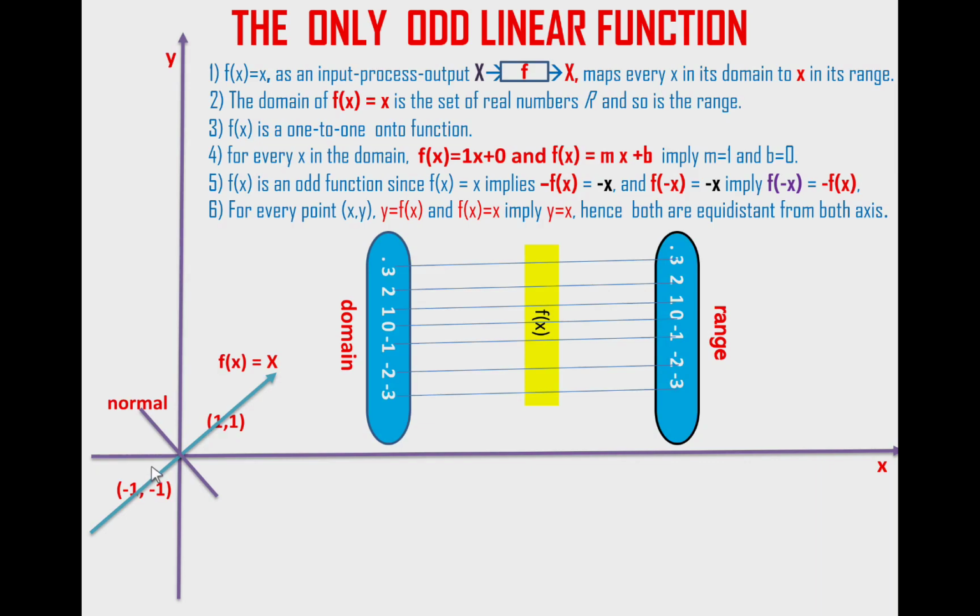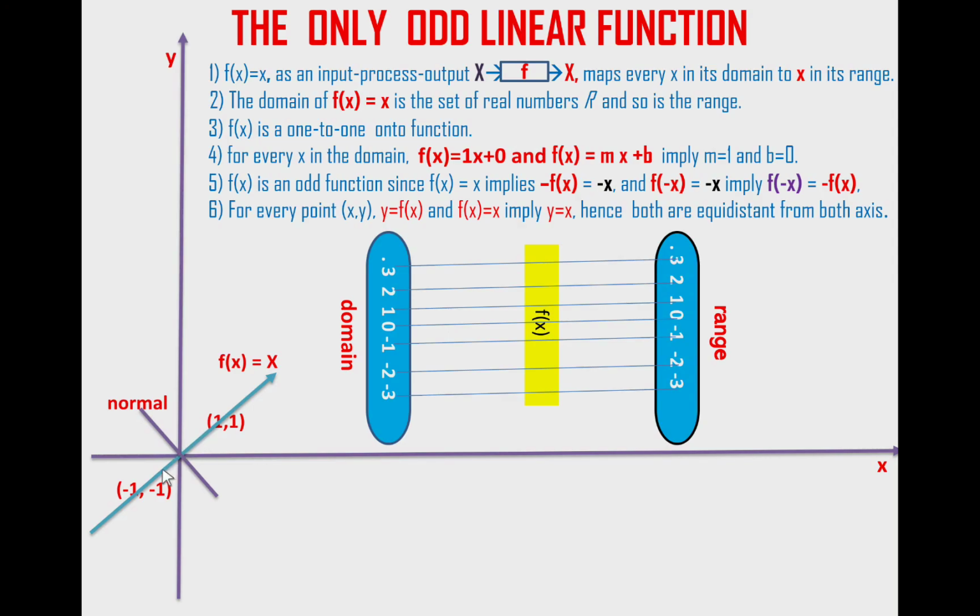And both of them will have the same distance away from the origin. That means the normal bisects the function f of x equal to x into equal halves, and that will give them the symmetry. So we can say that the normal divides f of x equal to x into symmetric halves.